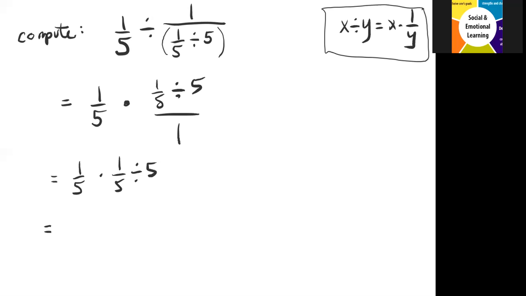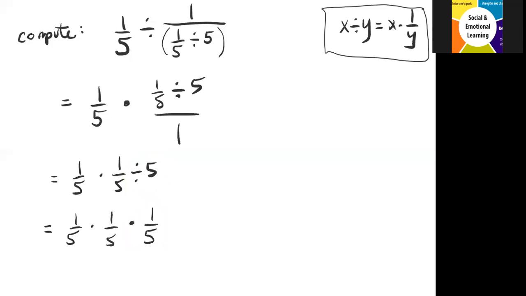And even if we're not working with fractions, it's a good exercise. It's important to do this. So this is going to be equal to 1/5 times 1/5 times what? 1/5. Times 1/5. Exactly. Because if we change this division sign to a multiplication sign, we have to take the reciprocal. So we're multiplying by the reciprocal.